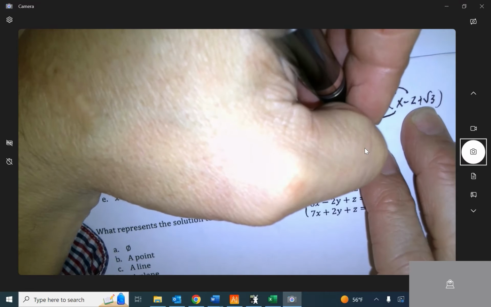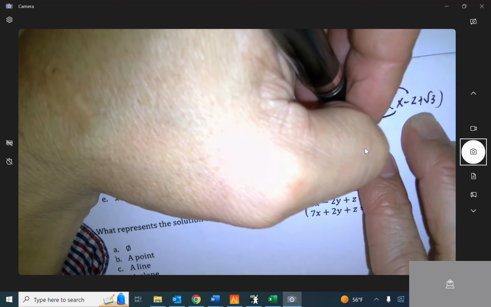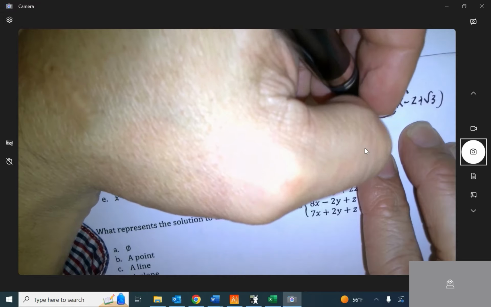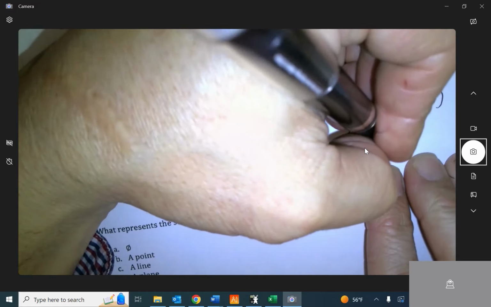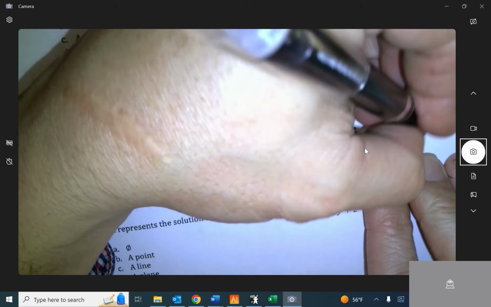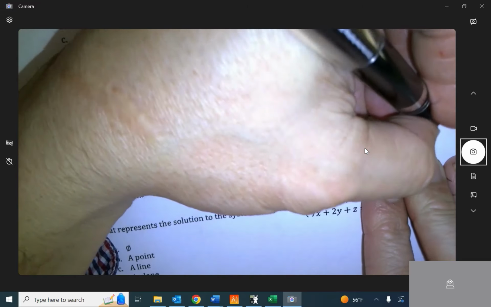Oops, sorry, I got out of order. It creates a plus x root 3, and it creates a minus x root 3. And then it creates a minus 3.